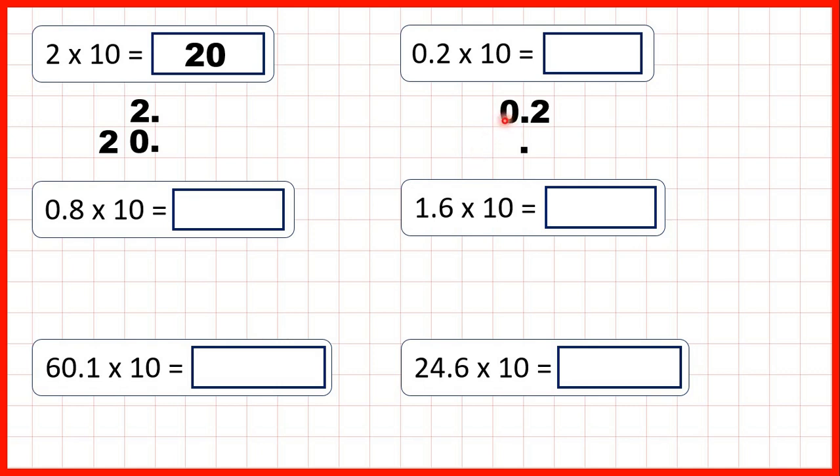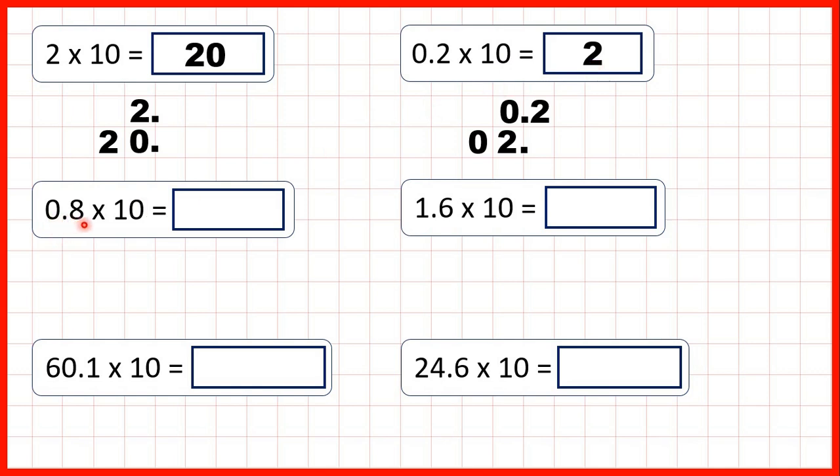So if we copy down this 0, 1 square to the left, and do the same with this 2, we now have 0, 2, and if the decimal point is on the end, we have a whole number, so our answer is 2. So notice, when we had 2 ones times 10, we got 2 tens as our answer, and then when we multiplied 2 tenths by 10, we got 2 ones as our answer.